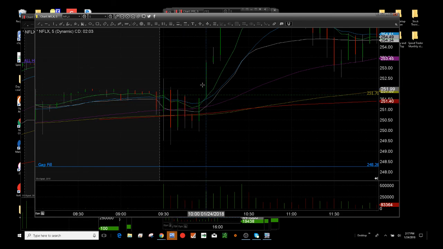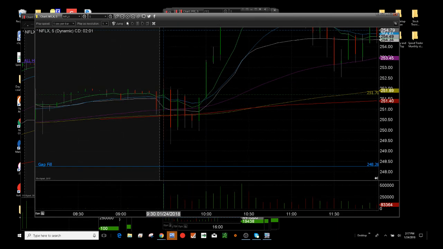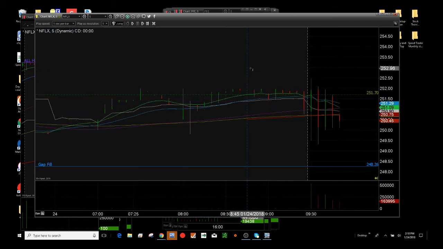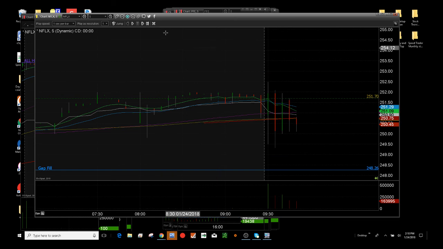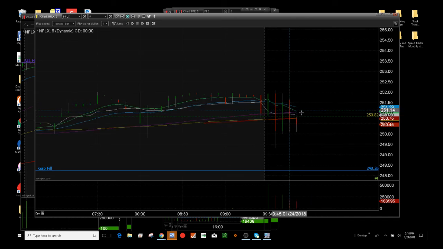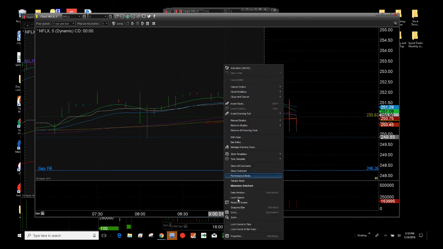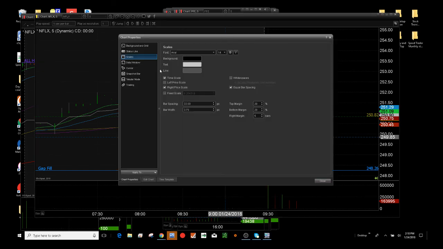So as this broke here, I could be alerted. You could try to move it down here, but then you're within these EMAs, which I don't think you want to enter a trade in.